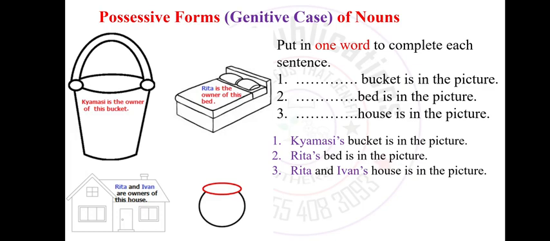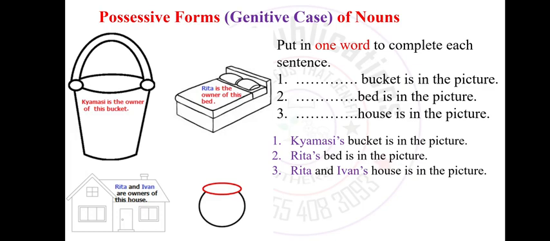Okay, we see Chamasi's bucket is in the picture. Rita's bed is in the picture. Then number 3, Rita and Ivan's house is in the picture. All that we do is put an apostrophe at the end of the name and bring S to make it a possessive form of the noun.